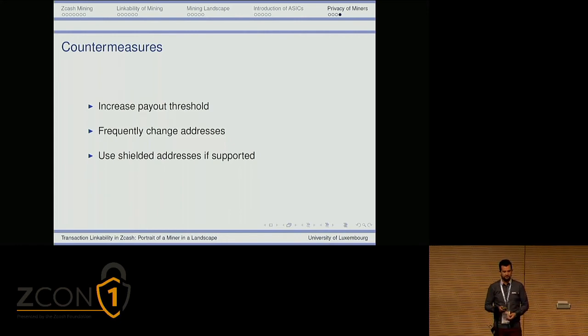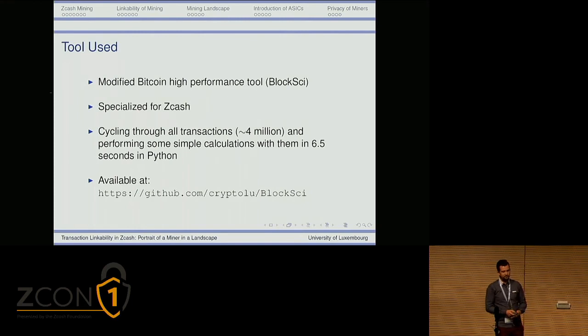But we found that Flypool is the only place where you can actually mine to a shielded address. As a last note on what we used to do all of these studies on the blockchain, there is a Bitcoin high-performance tool called BlockSci, which we have modified and specialized for Zcash. It can handle shielded transactions, both Sprout and Sapling, and it creates a Python library.